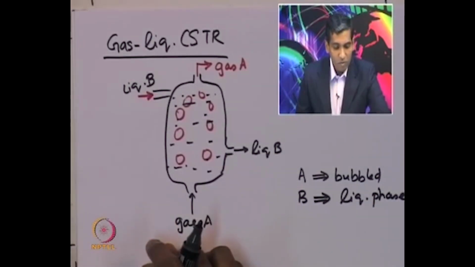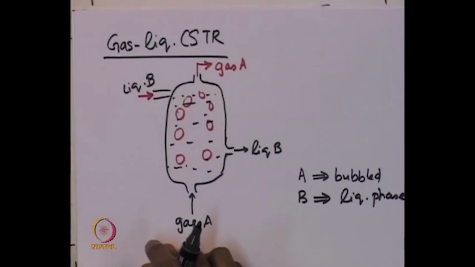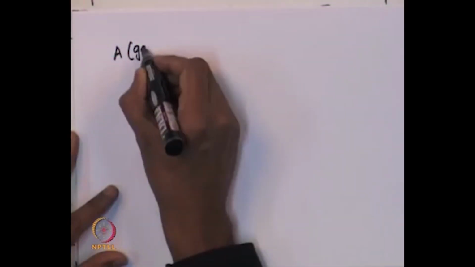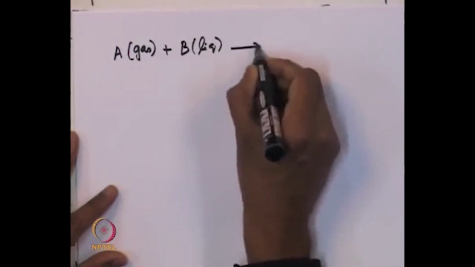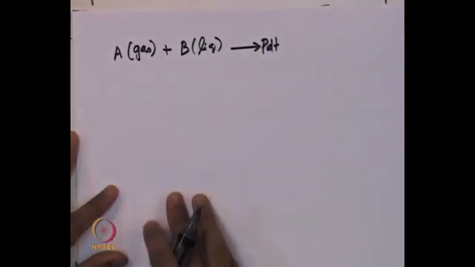Remember, this is a gas liquid reactor. The reaction is between species A in the gas phase and species B in the liquid phase, and that leads to the formation of certain products.